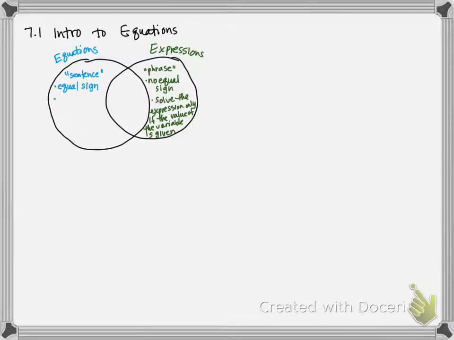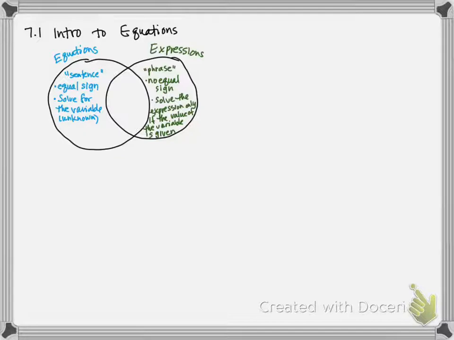And because of the equal sign, that means I actually get to solve for the variable or unknown. Okay, so that's what we're going to do. Now, I know you're going to be tempted to guess what the answer is, but we're teaching you a process and you got to learn the process.